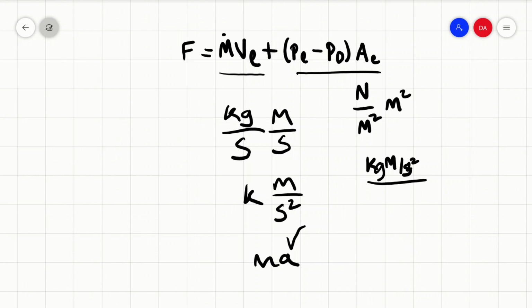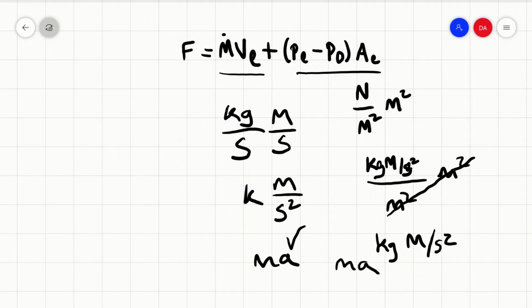So we'll just put this over meters squared and multiply by meters squared. These two cancel, and we're left with kilograms meters per second squared, which is the same as what we got on this side. Kilograms times an acceleration, mass times acceleration, all good.